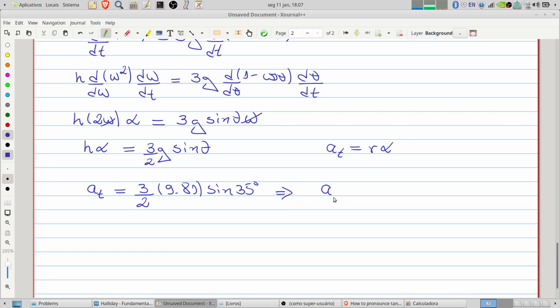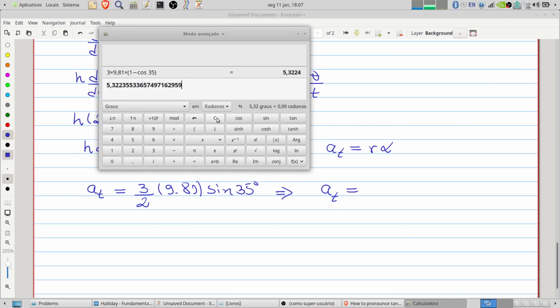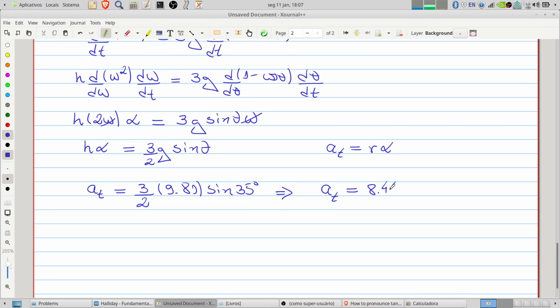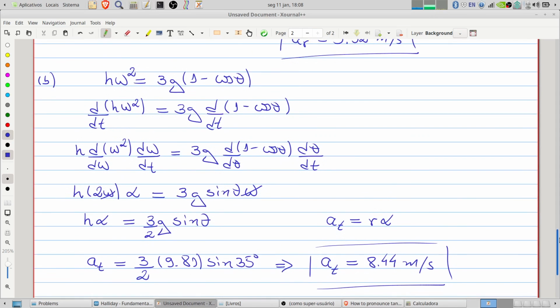Therefore, our tangential acceleration equals 3 divided by 2 multiplied by 9.81 times sine of 35 degrees, which equals 8.44 meters per second squared. This is the tangential acceleration. This is item B.